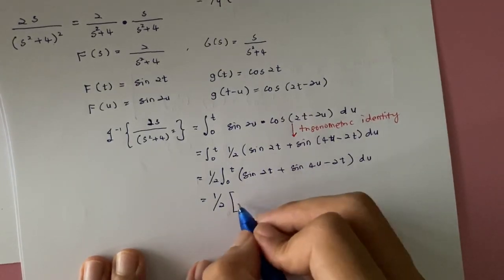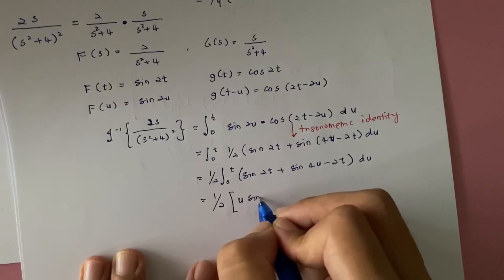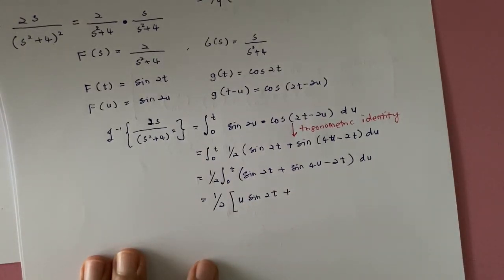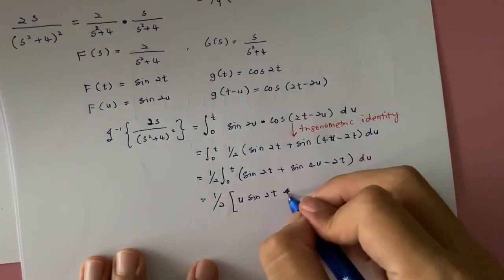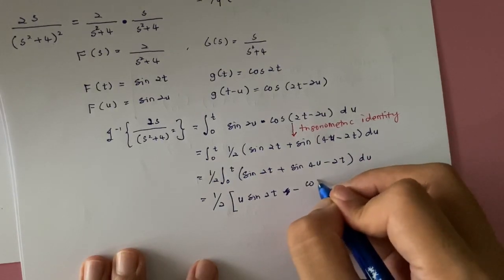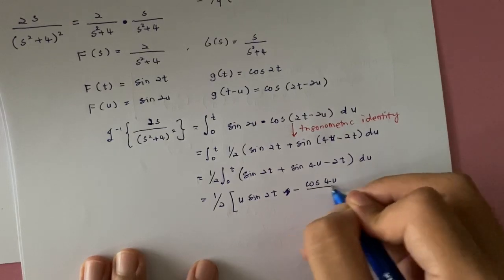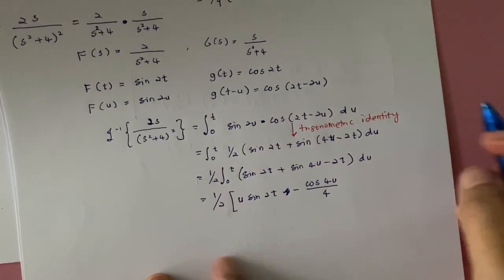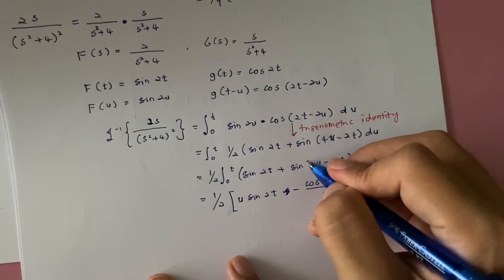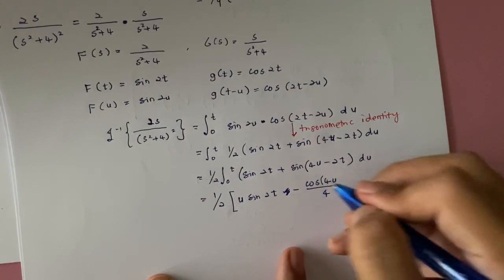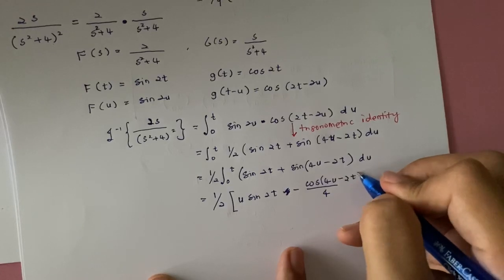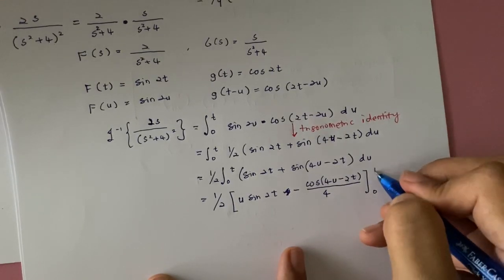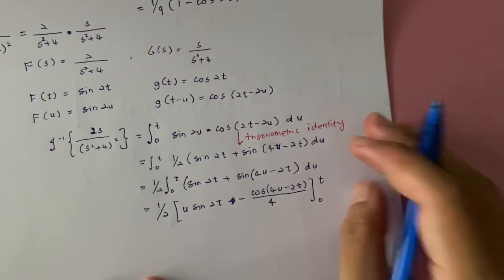So sine 2t becomes u sine 2t, plus sine of 4u becomes minus cos of 4u minus 2t over 4, from 0 to t.